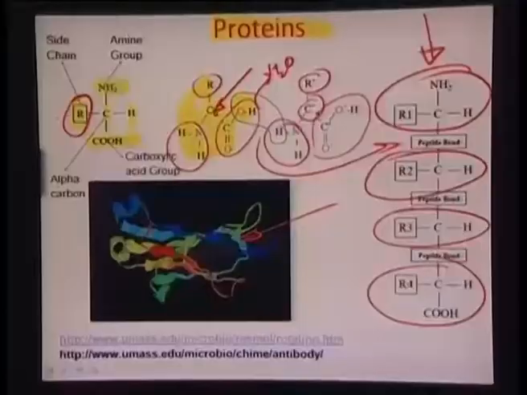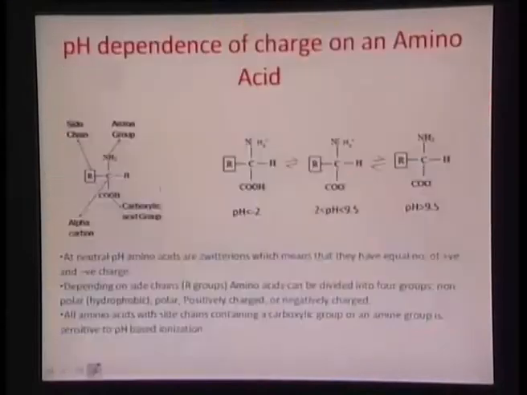Alright, so essentially let us look at some of the interesting things and the pH dependence of such an amino acid. If you look at this carboxylic moiety here, it is a COOH, an acid group, a carboxylic acid group, and you have an amine group.